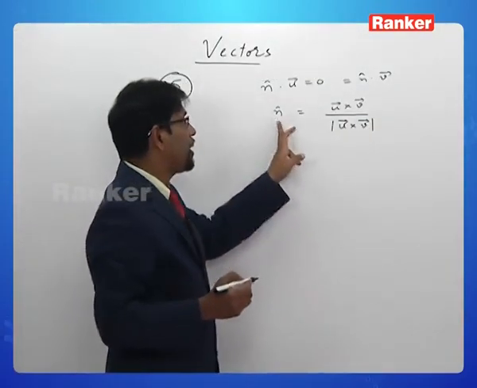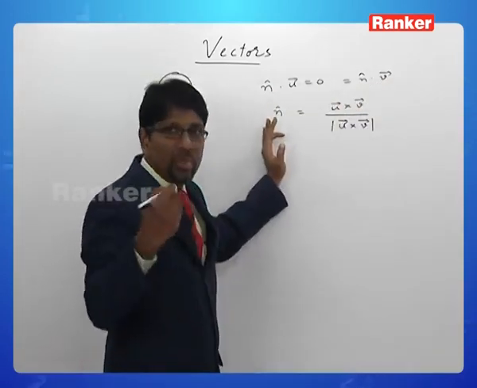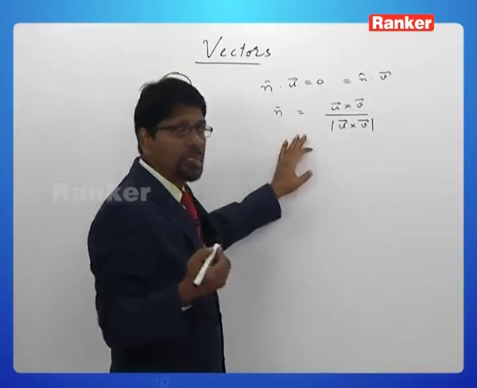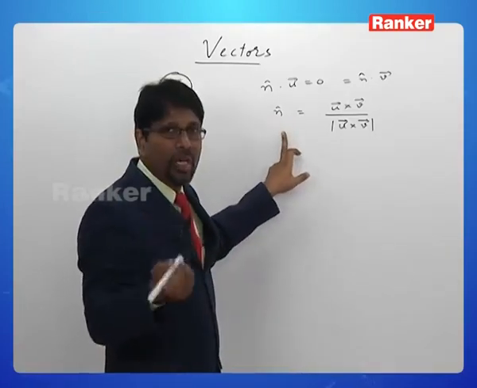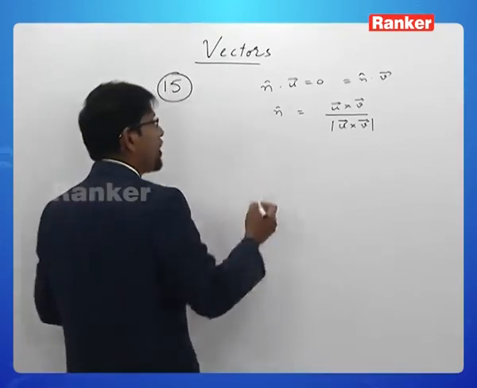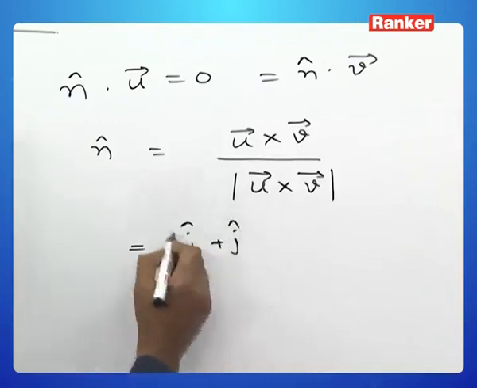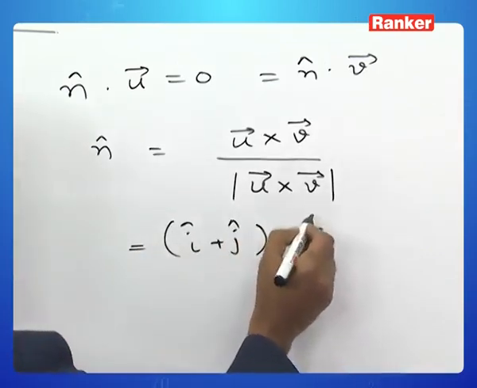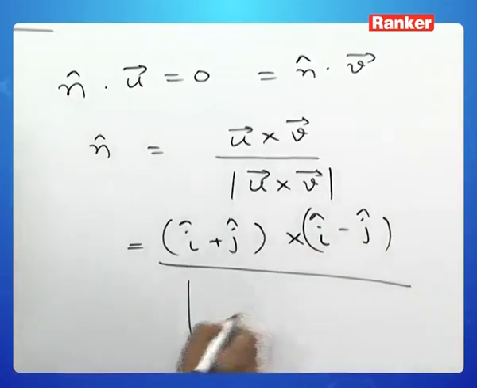So n cap, because it's perpendicular to u and v, can be written as lambda times u cross v. Since we are interested in n cap being a unit vector here, we'll have to divide by the modulus of u cross v. So we have here i plus j cross product with i minus j, divided by the magnitude of it.